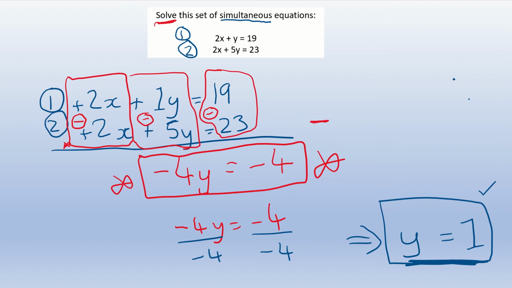Oftentimes it's easier to stick with the equations without negative signs, and I suppose we're lucky in this question. There are no negative signs at all, so that's fine. Also, substituting it into the equation with the lower numbers also makes your job a small bit easier. So I'm going to substitute y is equal to 1 into equation number 1 for that reason.